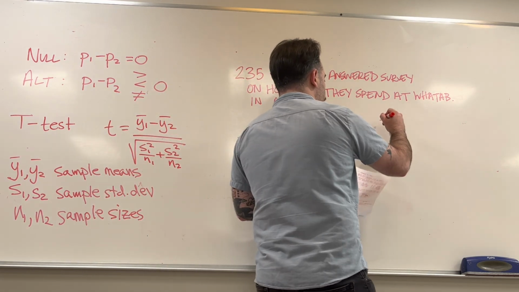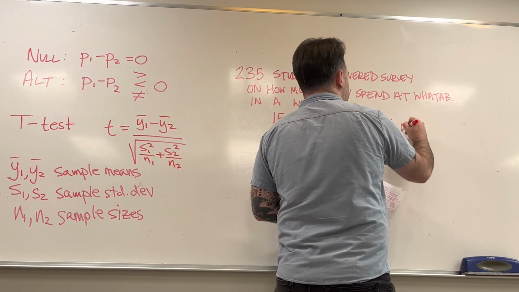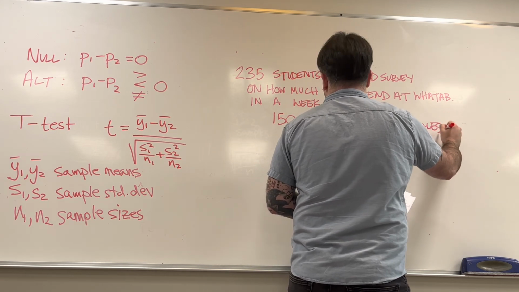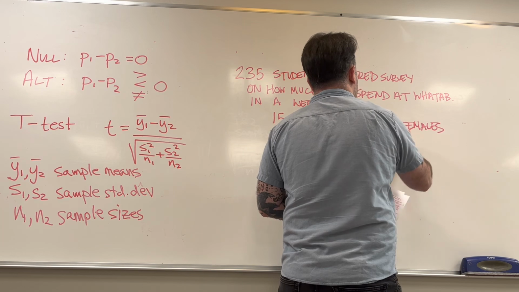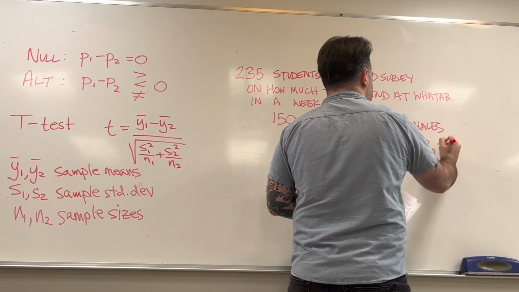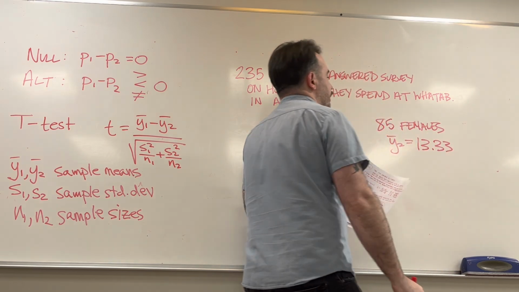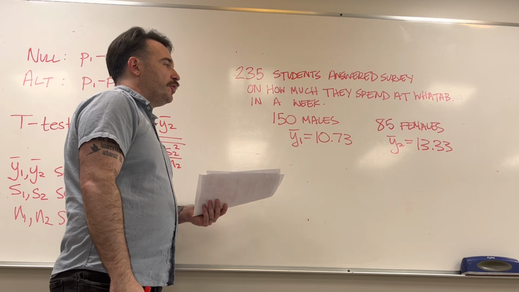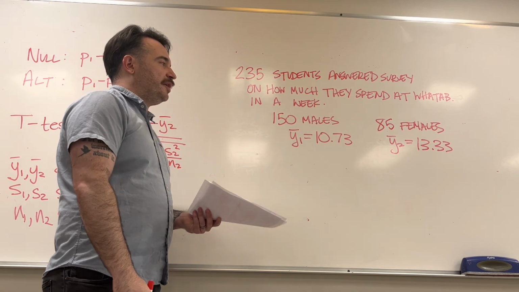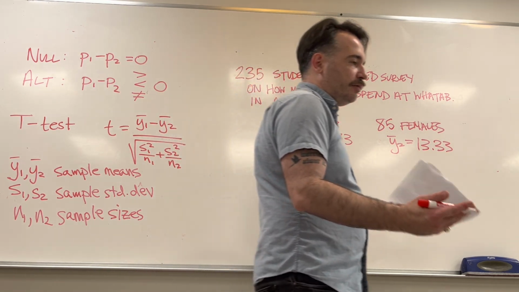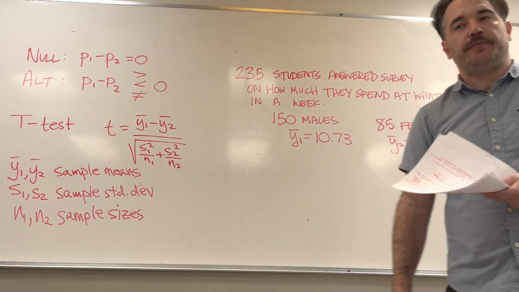And then for the 85 females in the survey, they spend an average of $13.33 on Whataburger in a given week. So our null hypothesis is that males and females spend the same amount of money relatively on Whataburger.